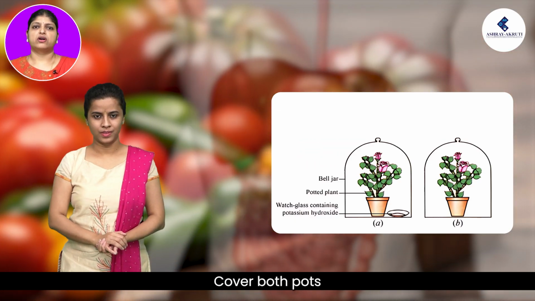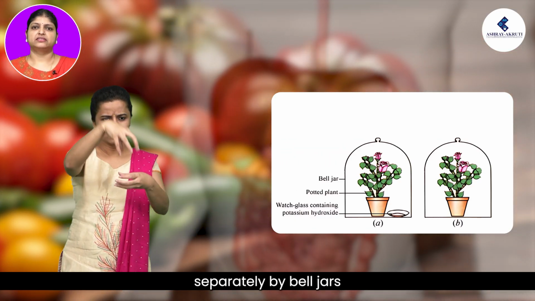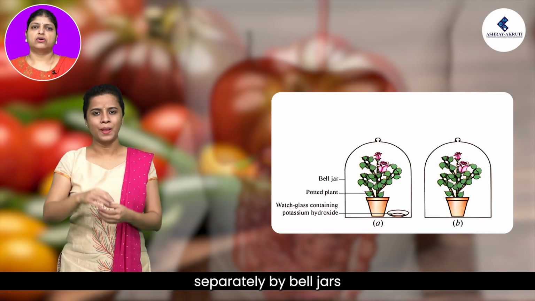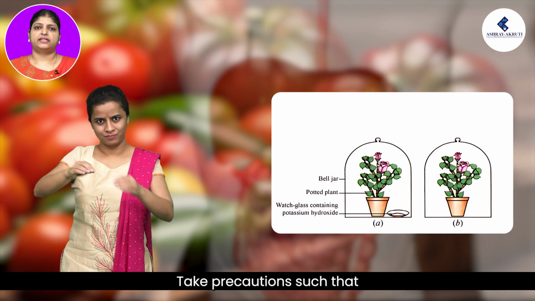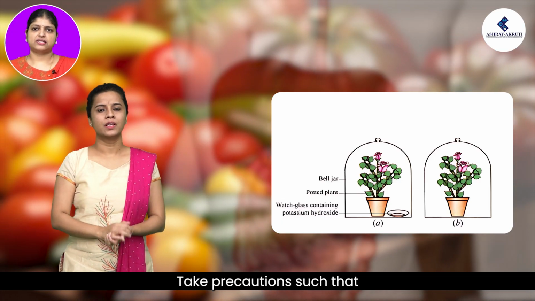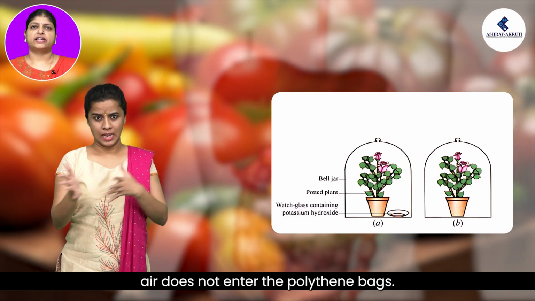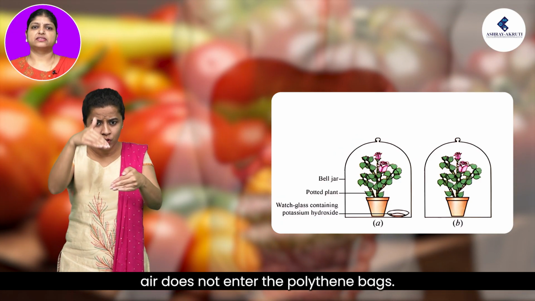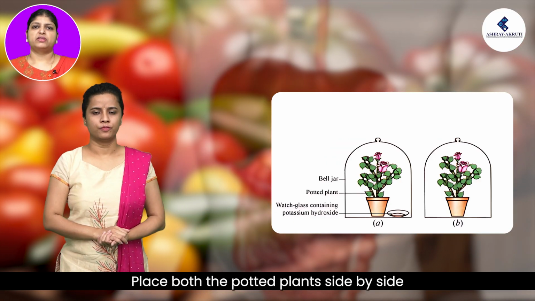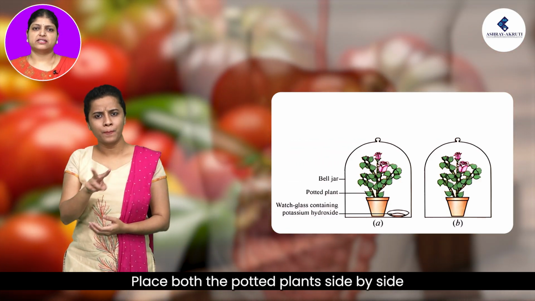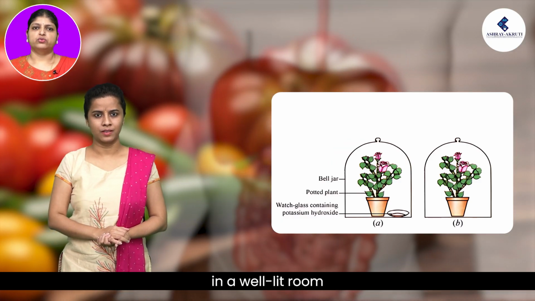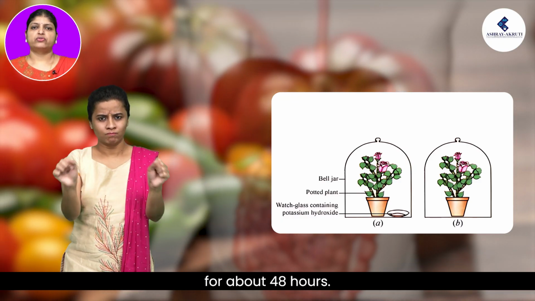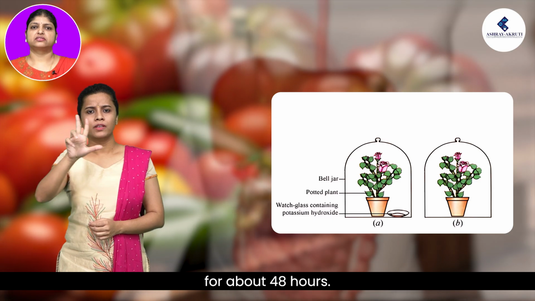Cover both pots separately by bell jars or polythene bags. Take precautions such that air does not enter the polythene bags. Place both the potted plants side by side in a well lit room for about 48 hours.